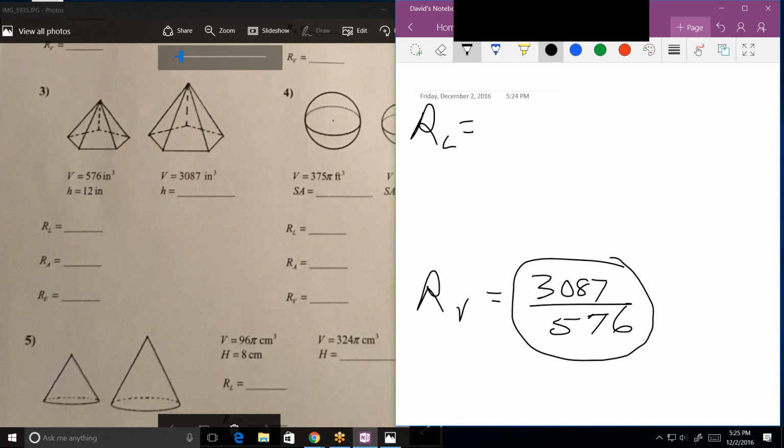You can either take the cube root of the numerator and divide it by the cube root of the denominator, or you can just put that in and take the cube root of your answer. Either one is the same. So would I do 3,087 cubed? Now, here's what you do in your calculator. If you want to do it easily, you take this whole thing to the 1/3 power. That's taking the cube root of it.